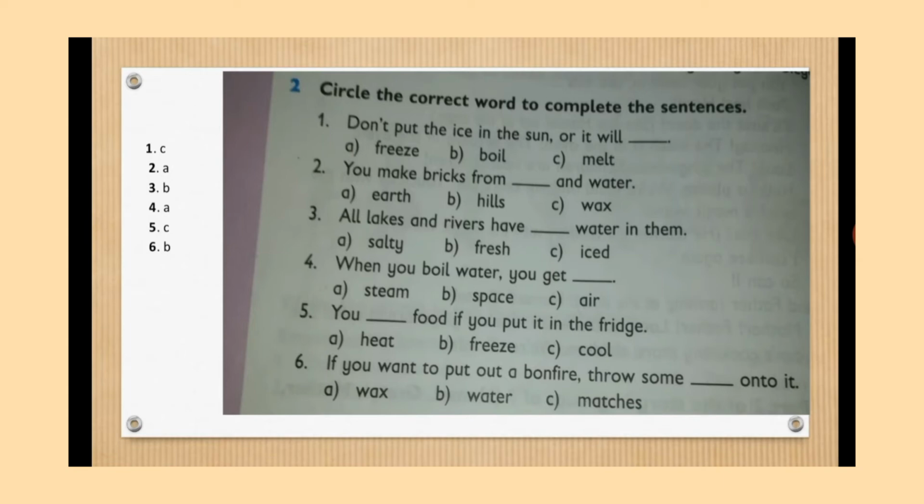Number 5, you dash food if you put it in the fridge. Options are heat, freeze, cool. So the option is C, cool. Last one, if you want to put out a bonfire, throw some dash onto it. Wax, water, mats. The correct option is B, water.